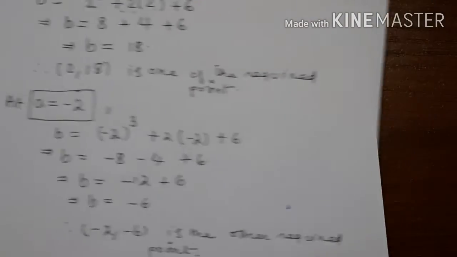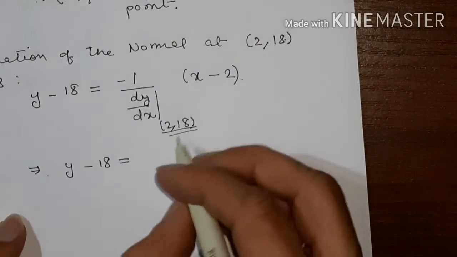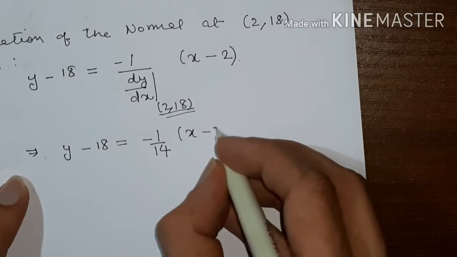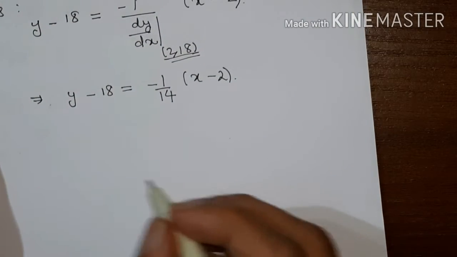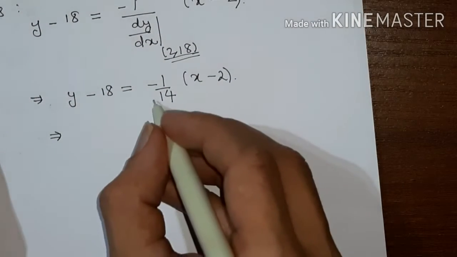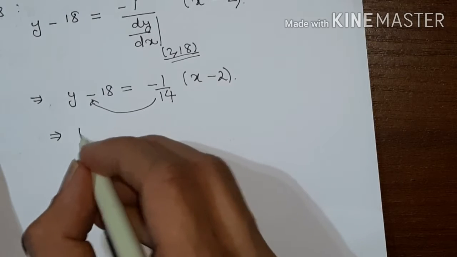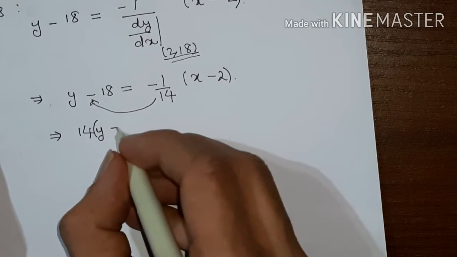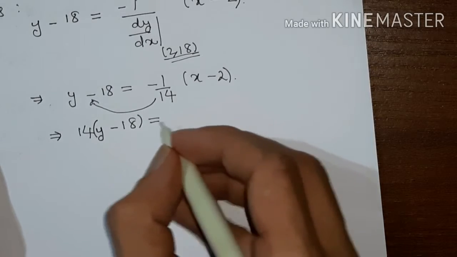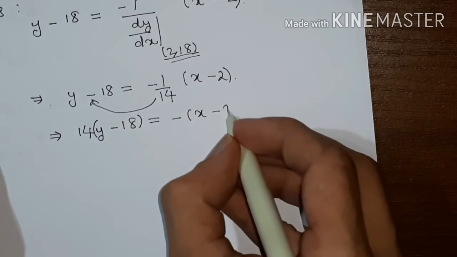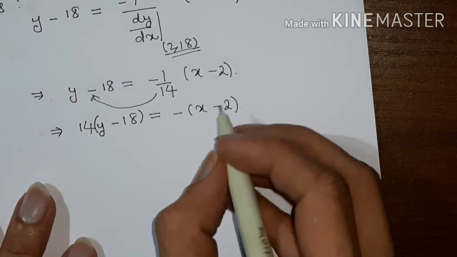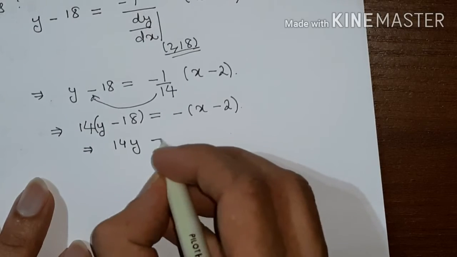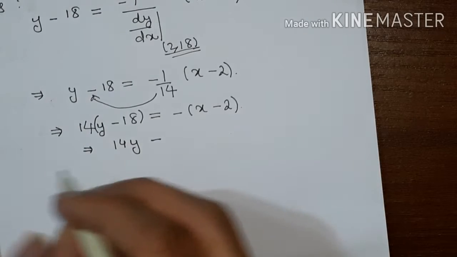So what you get is y − 18 = −1/14 multiplied by (x − 2). So if I take 14 on this side, I'll get 14y − 14 multiplied by 18.